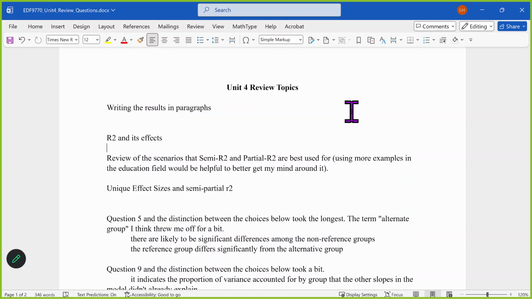That's partial. But if you want to be able to say which predictor is most important, like which one has the largest contribution, then semi-partial would be the way to go on that, because then they're all on the same level playing field in terms of what it's out of the total, not just out of what's left, because what's left shifts as a function of which slope you're talking about, because then you're controlling for each of the others.